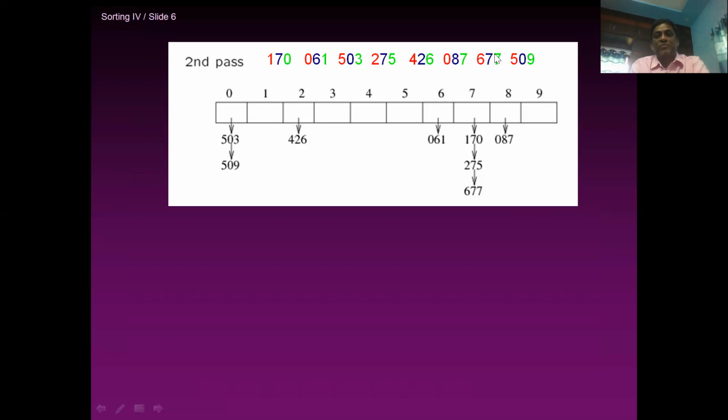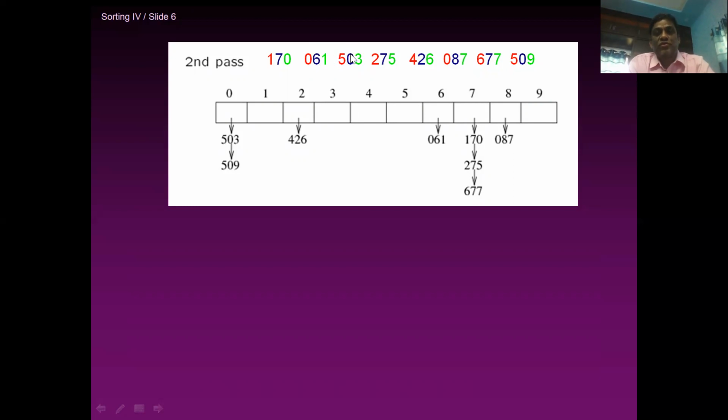Least significant digit 1 is completed. So we start from this number, second digit from right. Okay, so 7. So 170 is moved to 7th bin, this one here. 061, 6. So 061 is moved to bin 6.